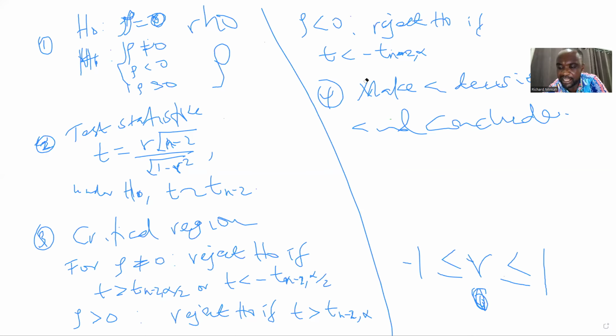If it is +1, there's a perfect positive correlation. The positive one means that as one increases, the other increases. So for example, if we get R equal to positive 0.7, then as the mileage of the road increases, the cost of repairing will also increase. If it is negative, as one increases, we expect the other to decrease. So that's how you explain the correlation.